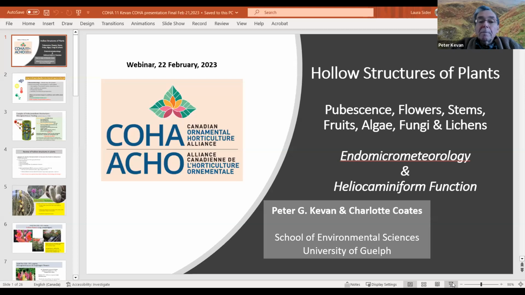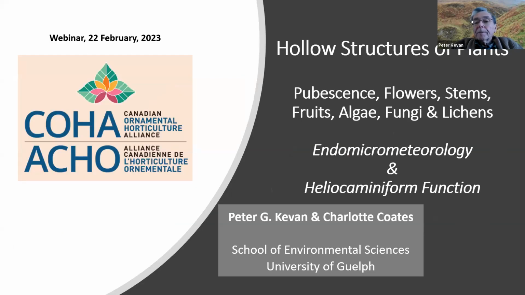So here we go. We're going to talk about the hollow structures of plants. And this is an area which is interesting because when we started working on this, it was very difficult to find anybody who had paid attention to the pubescence and the flowers and the stems and the fruits, and even algal structures and fungal structures and lichens in terms of the endomicrometeorology within the hollow structures.